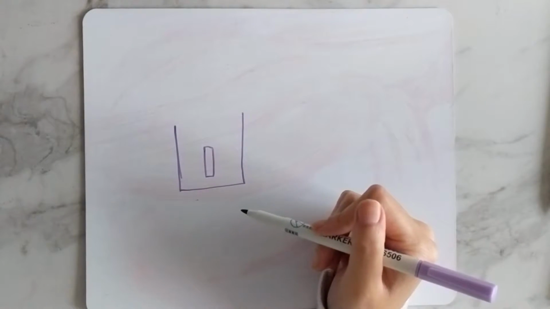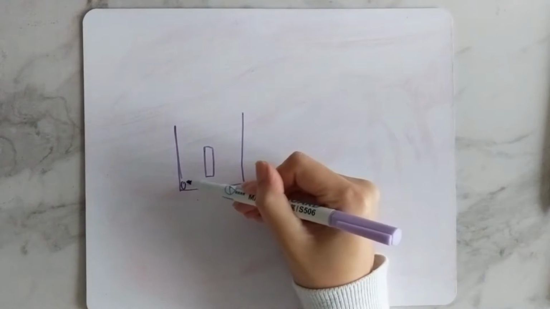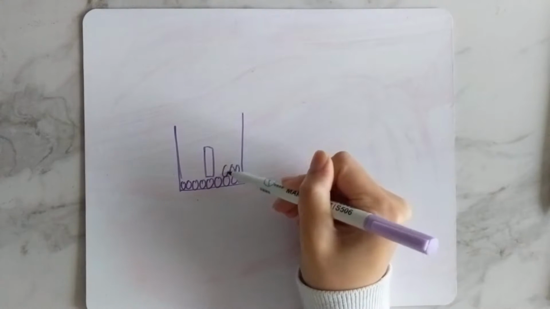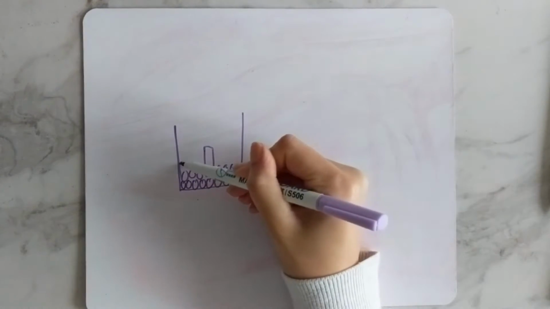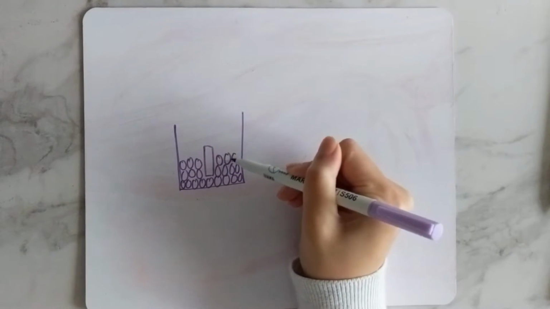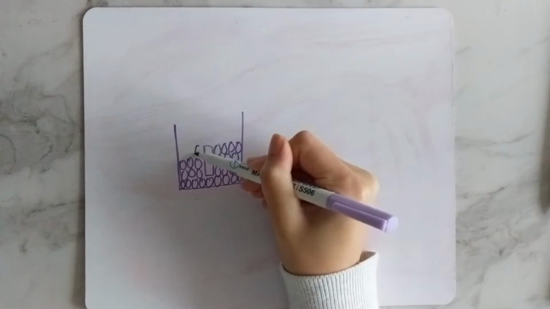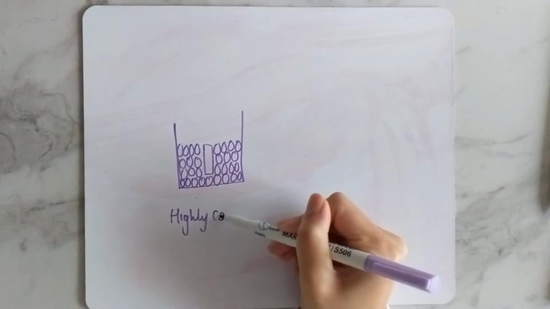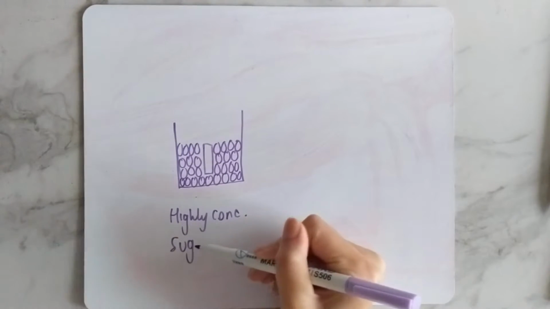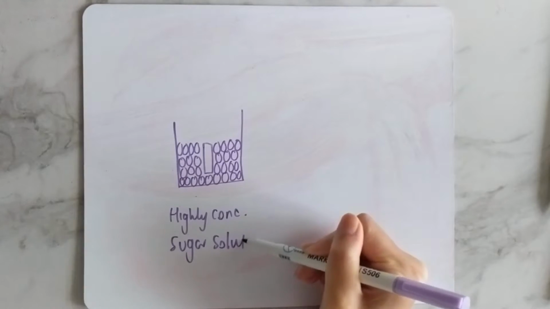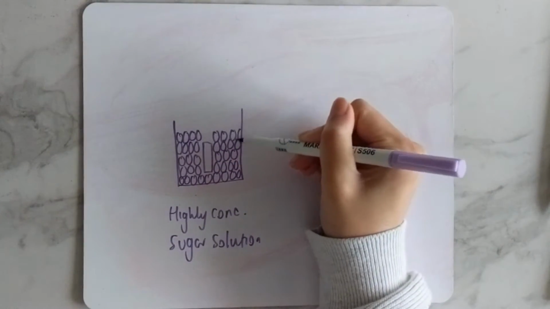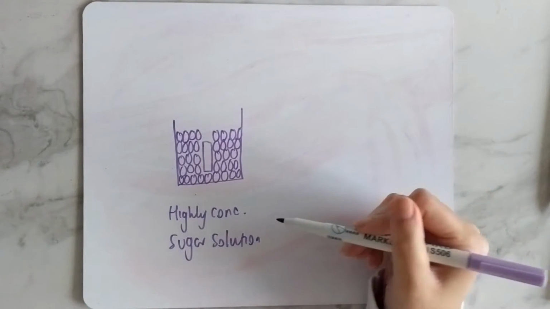What they'll say to you is, okay, this potato is sitting in a highly concentrated sugar solution. Remember, highly concentrated means there's lots of those particles. So if it's a highly concentrated sugar solution, that means all of these particles are sugar, not water, sugar.